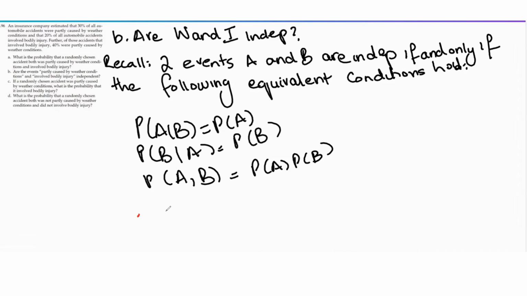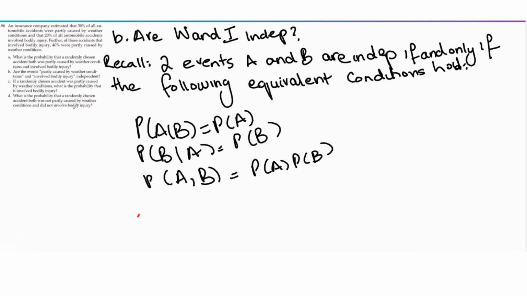This only holds true in independence. In general, it's the multiplicative rule that we used in part A. When you're not sure whether they're independent or dependent, like in part A, you have to apply the multiplicative rule: probability of A and B is probability of A given B times probability of B.